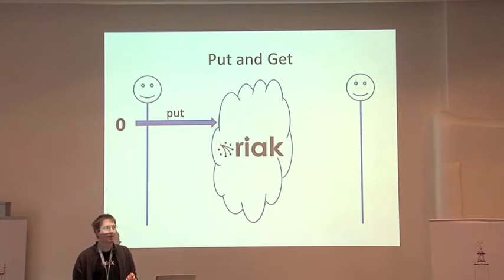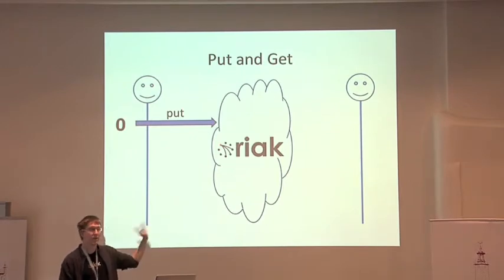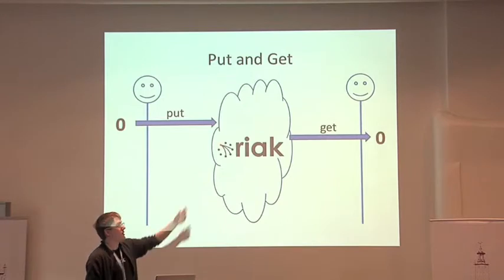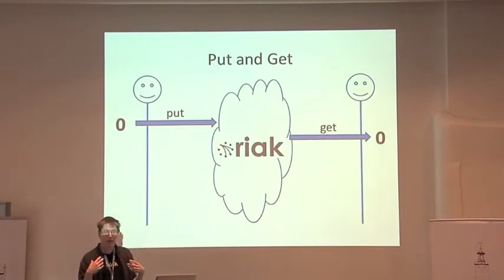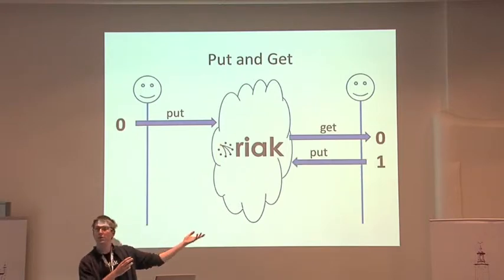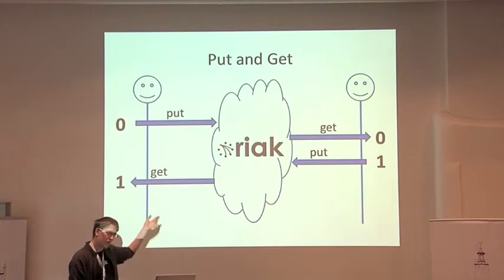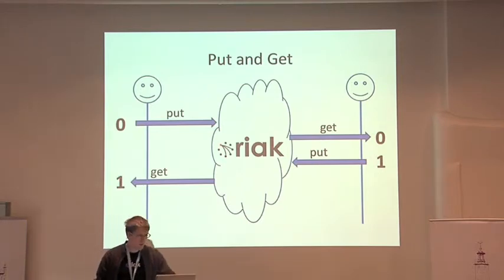Remember, we only have a single key, so when you put a value, it's just a value, there's no key. The second user does a get from the database, and of course he sees 0. You can then do a put with 1. And then the first user does a get, and of course he gets the newly put value 1.